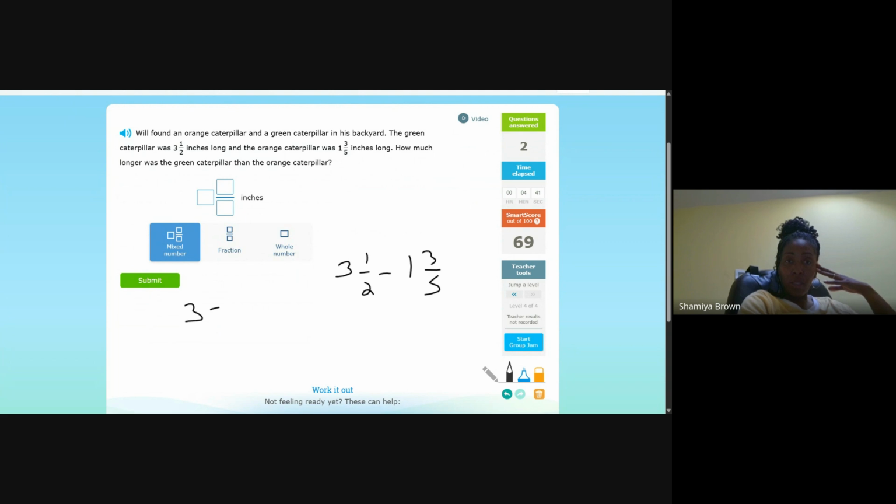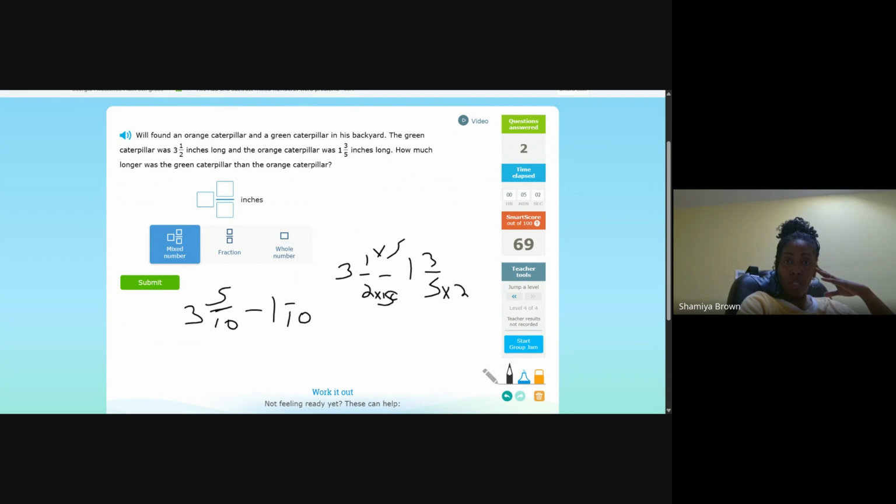So 3 and something over 10 minus 1 and something over 10. 2 times 5 will give me 10. So I have to do times 5 up here. That's going to give me 5. 5 times 2 is going to give me 10. Times 2 up here is going to give me 6.